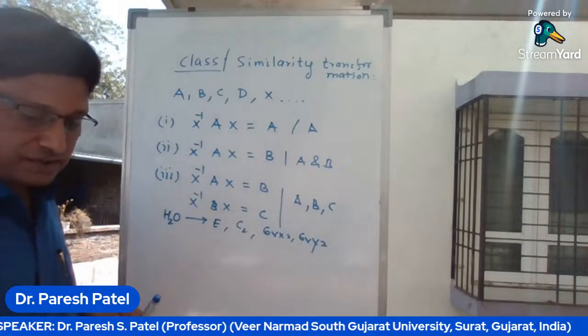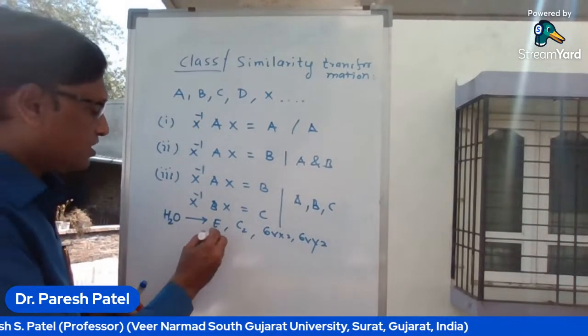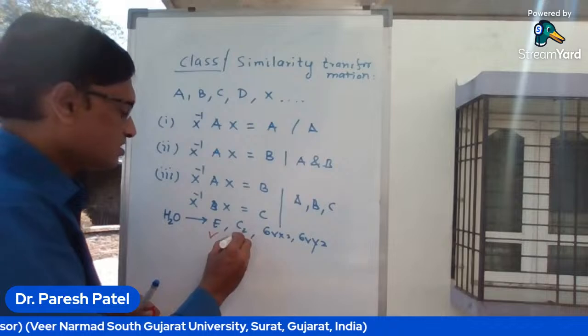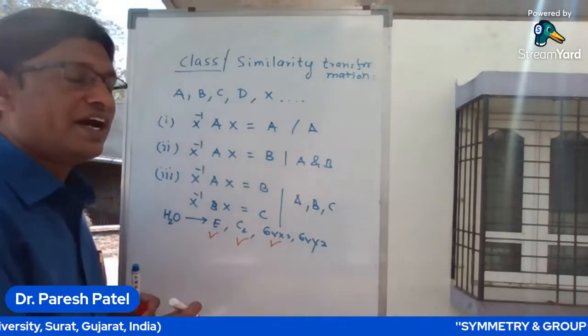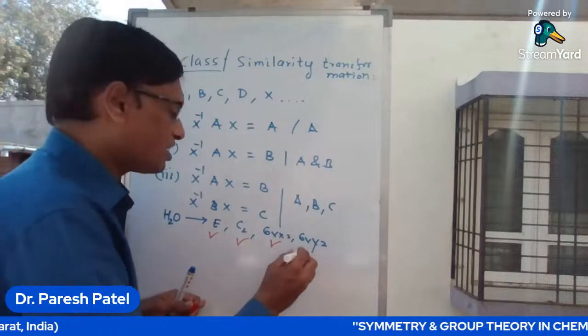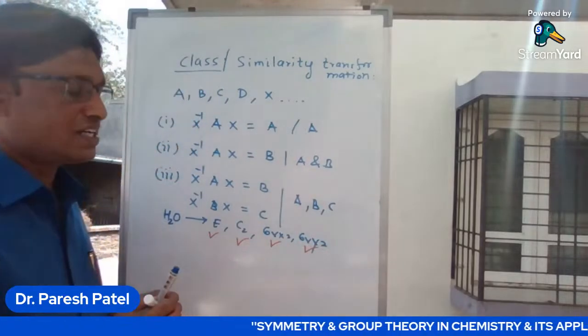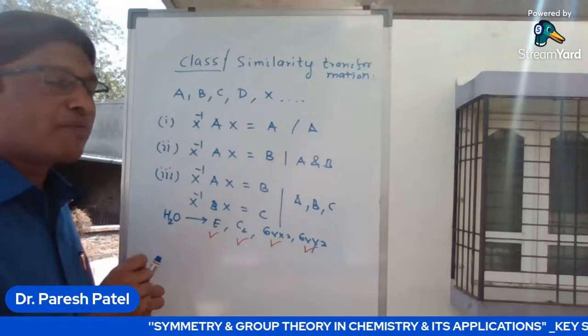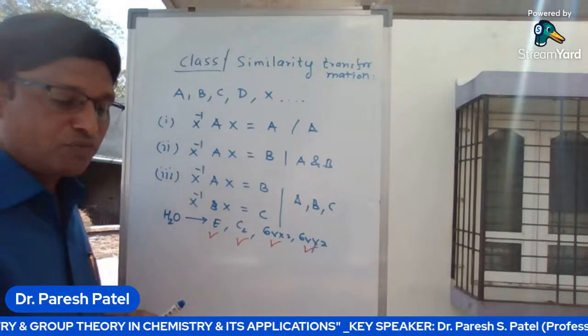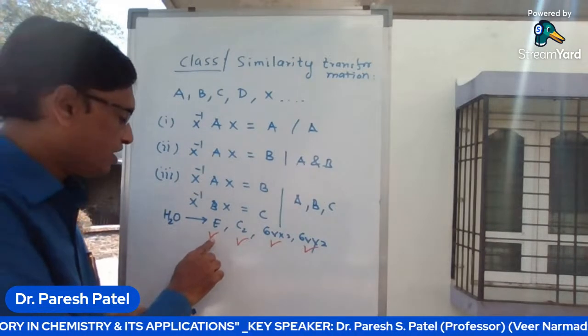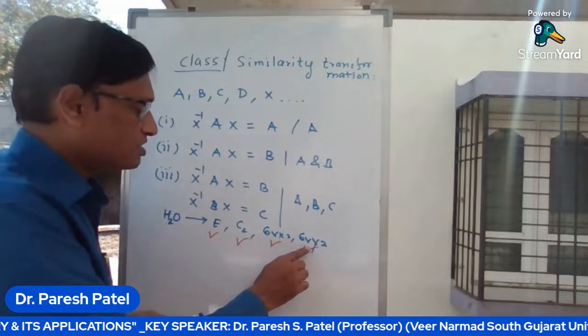In this case, E is conjugate to itself to form an individual class. C2 conjugate to itself to form an individual class. Sigma Vxz conjugate to itself to form an individual class. And sigma Vyz conjugate to itself to form an individual class. So in case of the water molecule, the classes are E, C2, sigma Vxz, sigma Vyz.